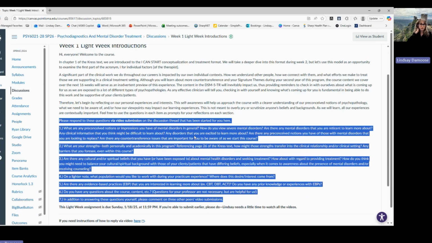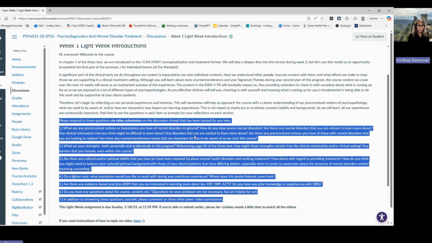How do you view severe mental disorders? Are there ones that you're like, ugh, I am not excited to learn about this, or I'm really excited to learn about this, or I'm interested, I'm fearful about what this is going to look like? I don't want to work with this particular diagnosis or set of diagnoses in an actual clinical setting.